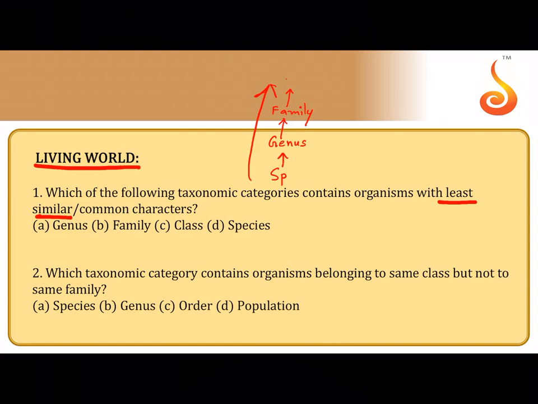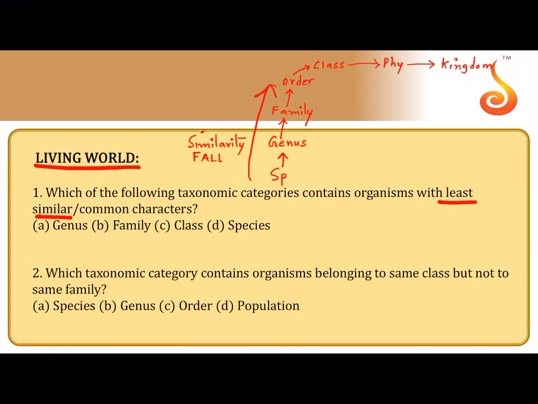Similar families are put together in the same order. Similar orders are put together in the same class. Similar classes are put together in the same phyla, and similar phyla are put together in the same kingdom. Now, one thing you should remember is as we go higher up the ladder, the similarities decrease.